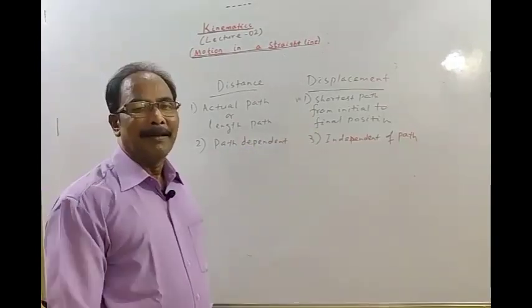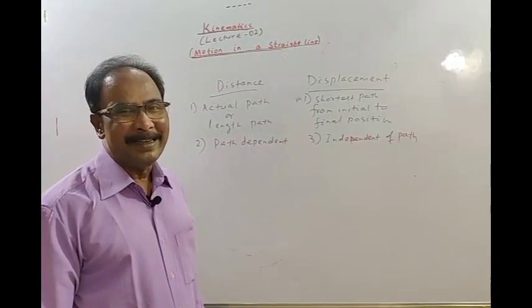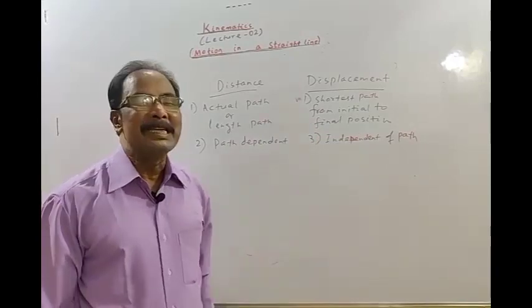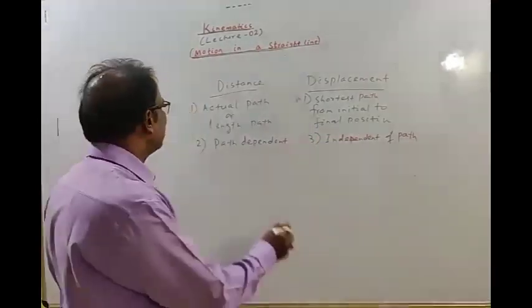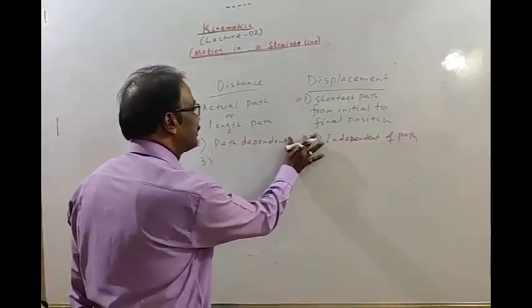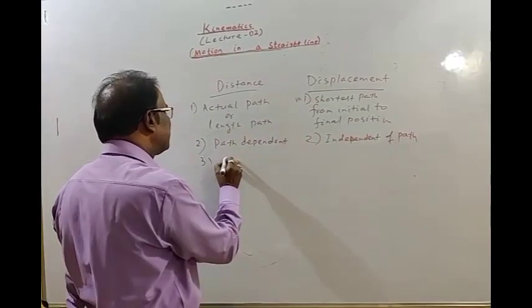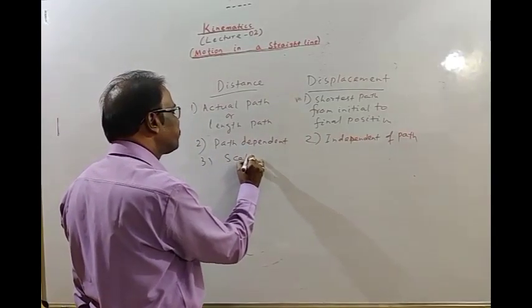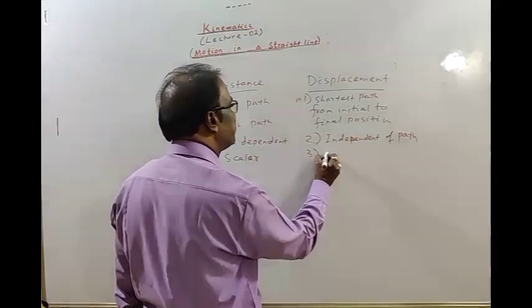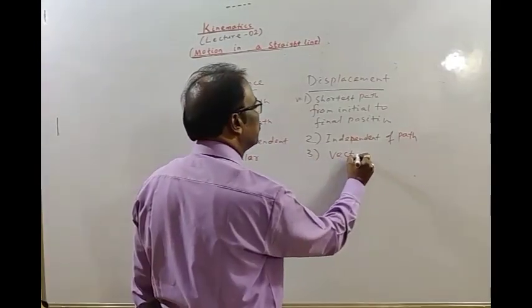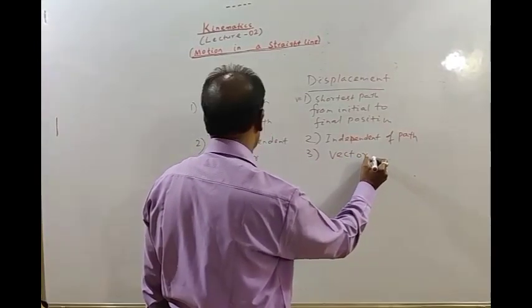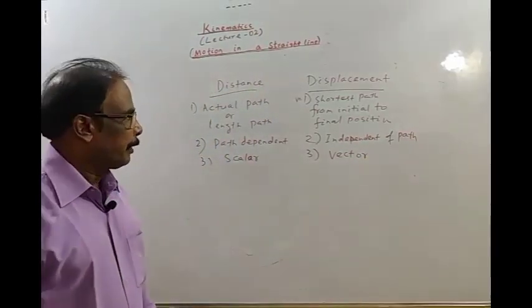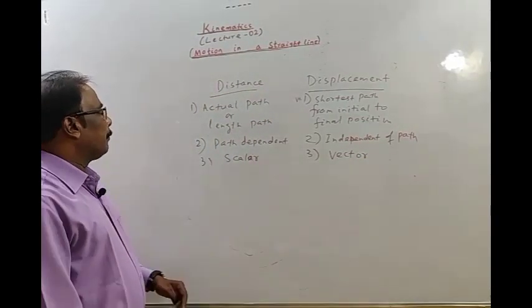Displacement is along a straight line directed from initial to final position, so displacement is path independent. Okay. Number 3, this is number 2. Distance is scalar, it is irrespective of direction, and displacement is vector because displacement matters direction. Okay. So scalar and vector.